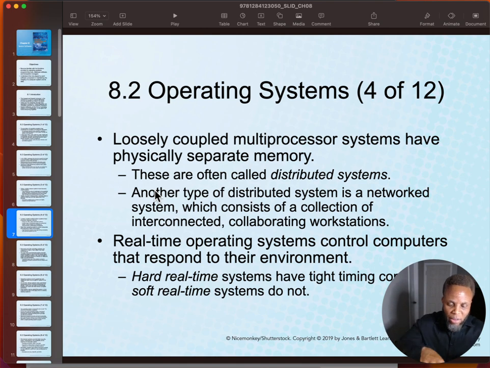They all have their own separate memory, right? So these ones are called distributed systems because they all have their own separate memory. Now, another type of distributed system is a network system, which consists of a collection of interconnected collaborating workstations. For example, let's use Blackboard.